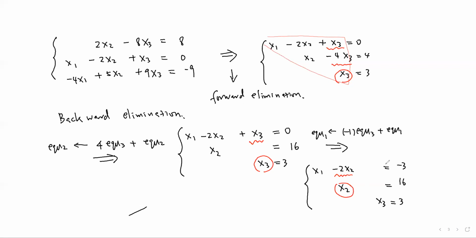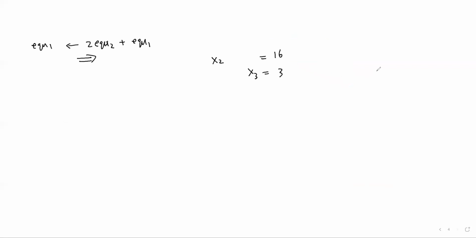X1 is 2 times 16, 32, then add negative 3, so 29. So X1 is 29.